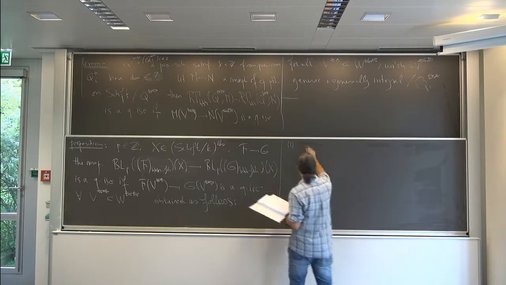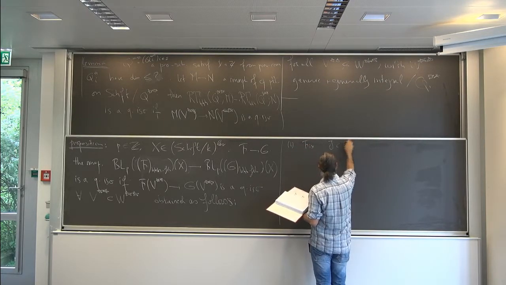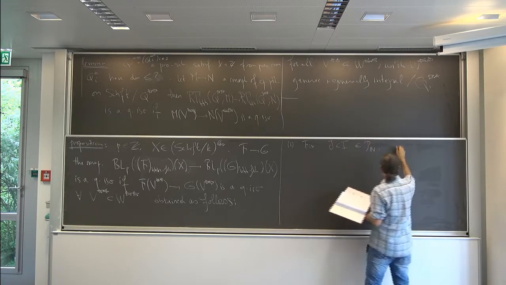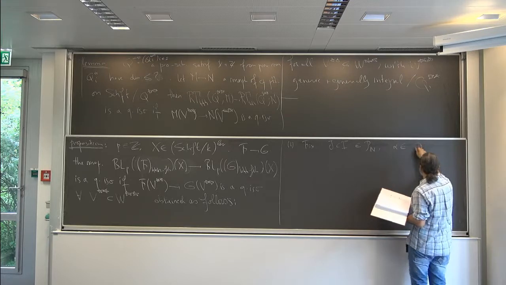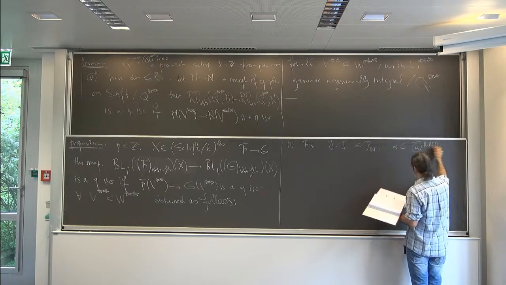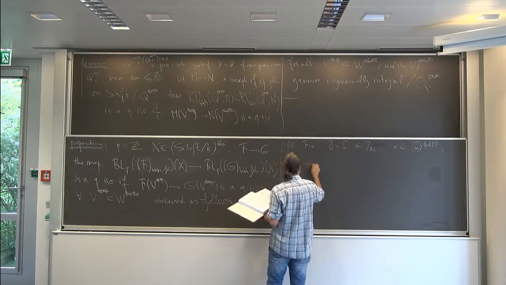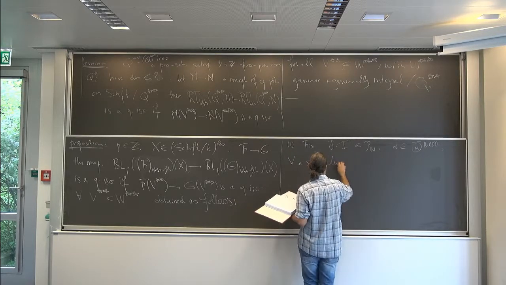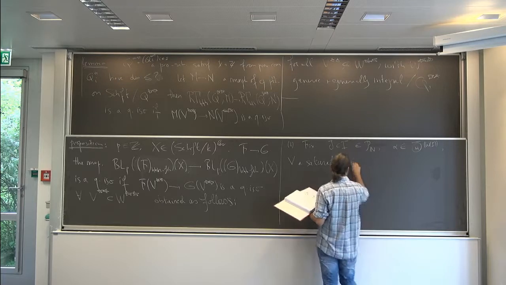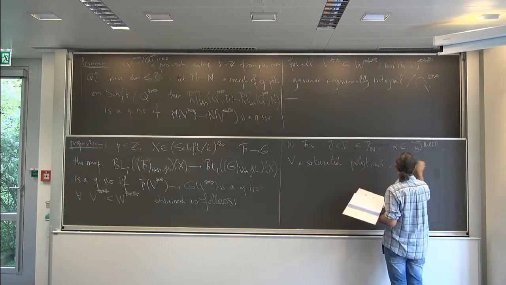So first, fix some g inside I in Pn, alpha in, V a saturated polytray over E bar alpha.